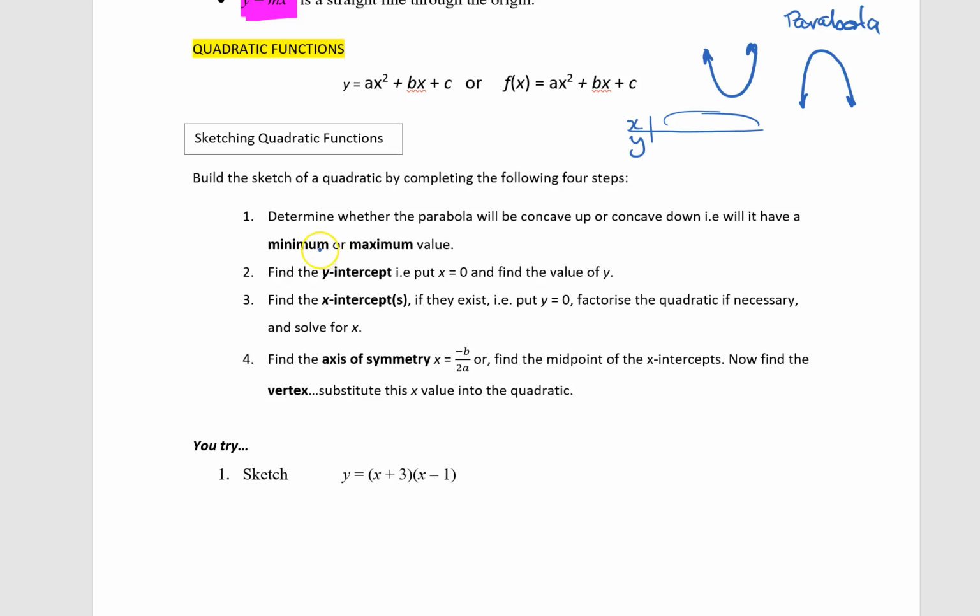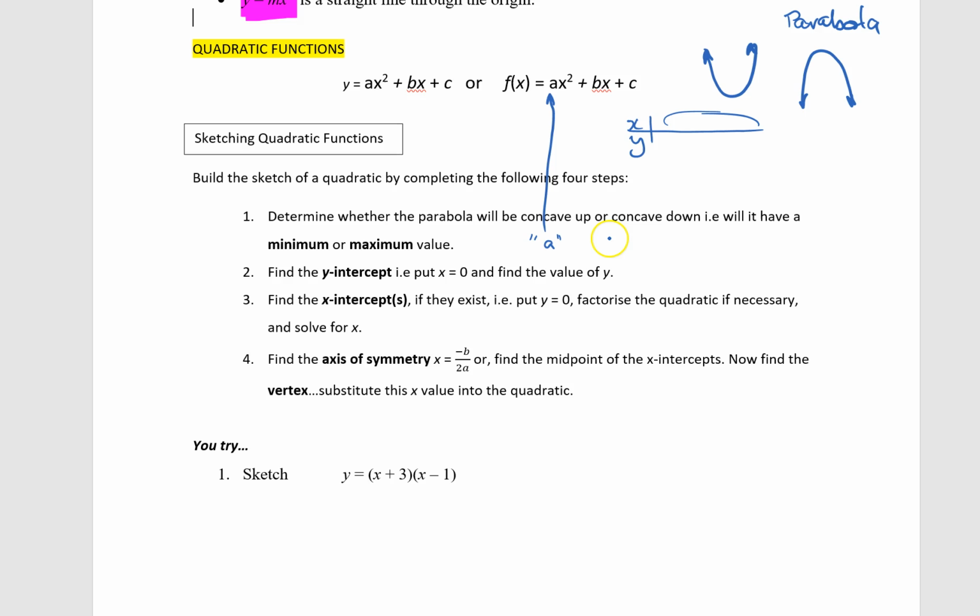So one of the obvious features is which way will the parabola be shaped, up or down? And we can get that by simply looking at the value of A, or the sign of the A in the function, so the sign in front of the x squared.